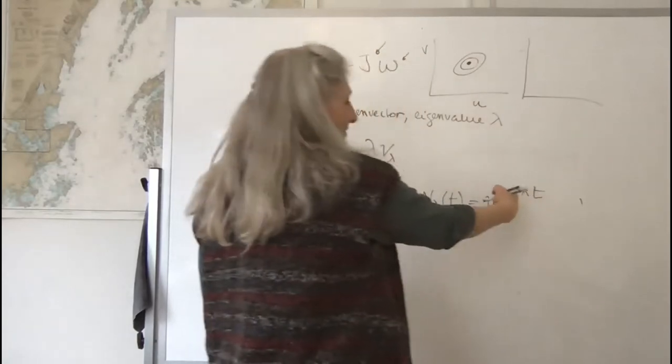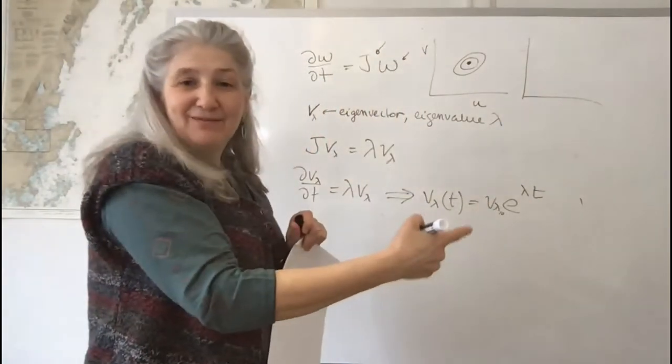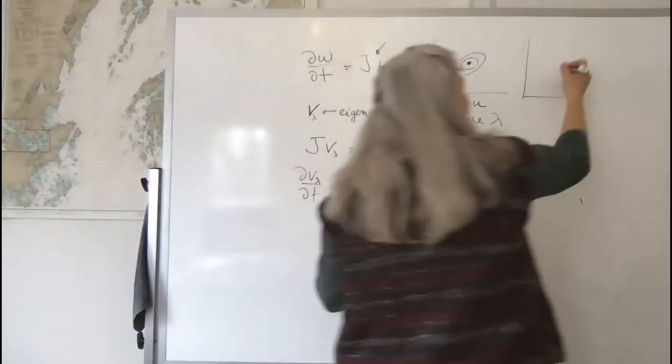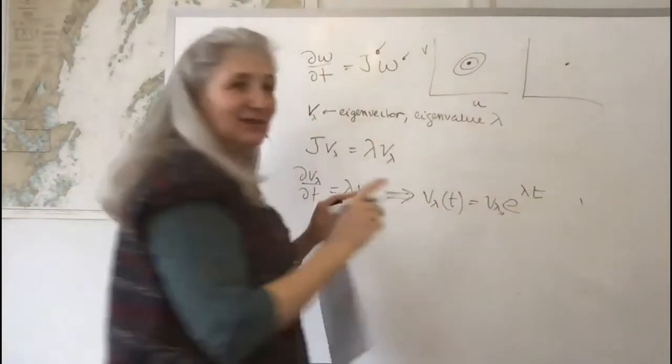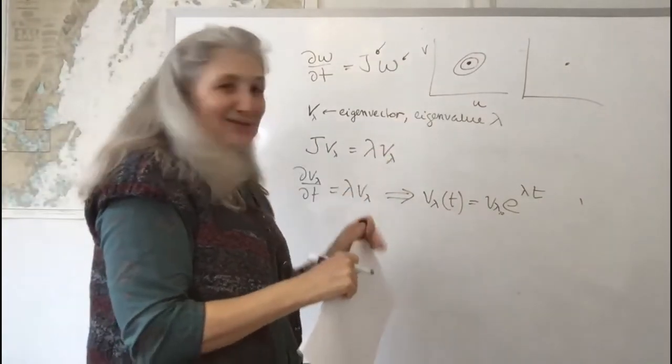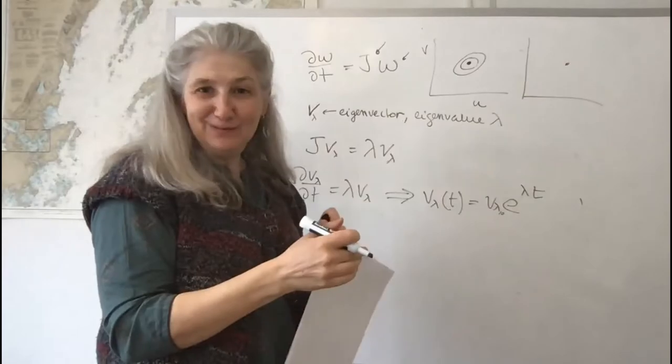But if both eigenvalues have real parts, and there's no complex part, then there are 2 directions, each one set by an eigenvector. So these are vectors in this space. That means the eigenvectors are actually directions on the uv plane.